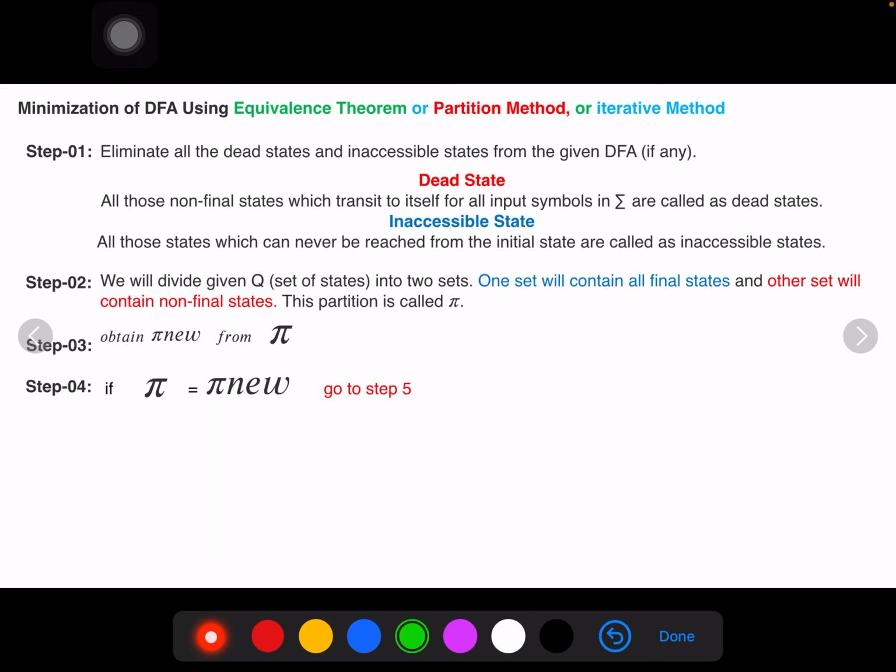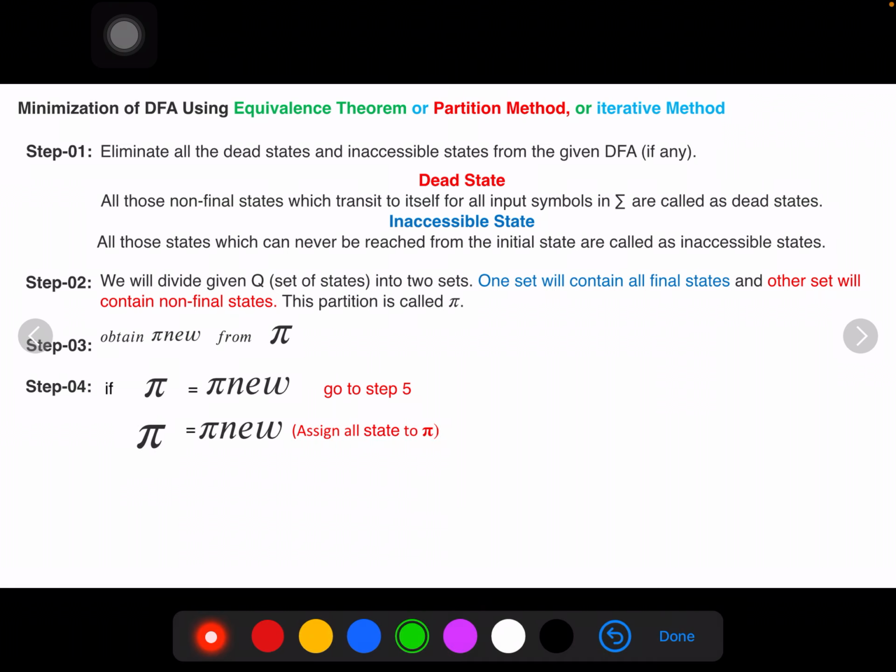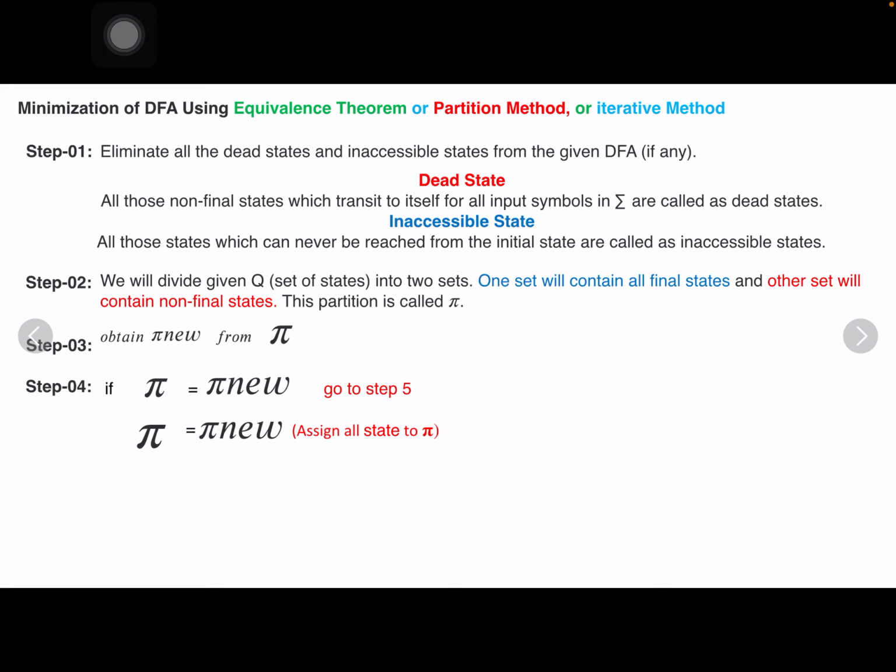If both are equal, go to step 5. Or else, if they are not equal, you get inside the loop, assign whatever is in pi new to pi, then repeat step 3.